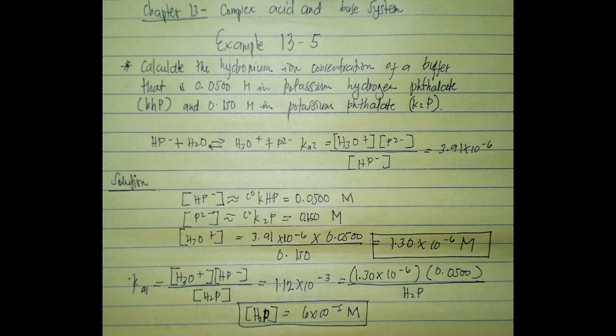The result is 6 times 10 raised to negative 5 molar. Since the H2P is greater than HP and P2-, the assumption that the reaction of HP- to form OH- is negligible is justified.